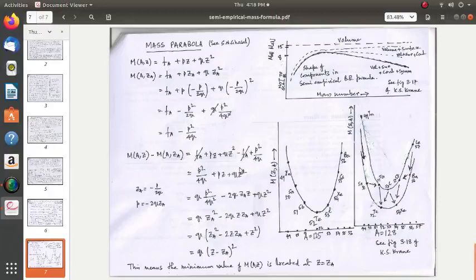f(A) cancels from here. So let us keep qZ squared, then p squared by 4q, and here we have pZ. Let us multiply this term with q.